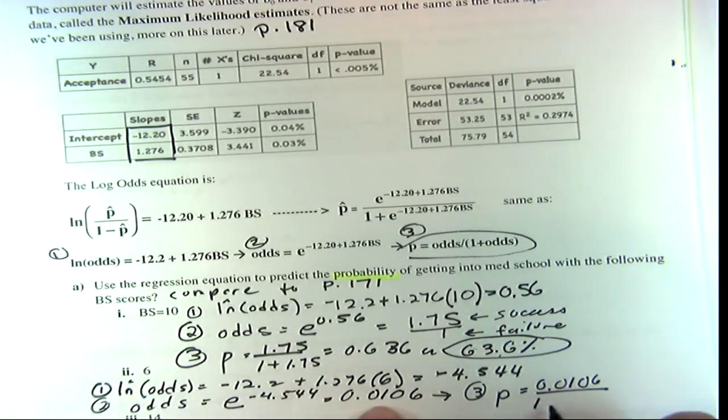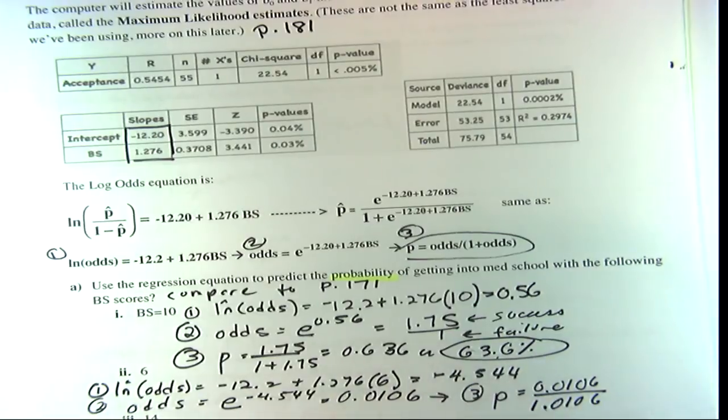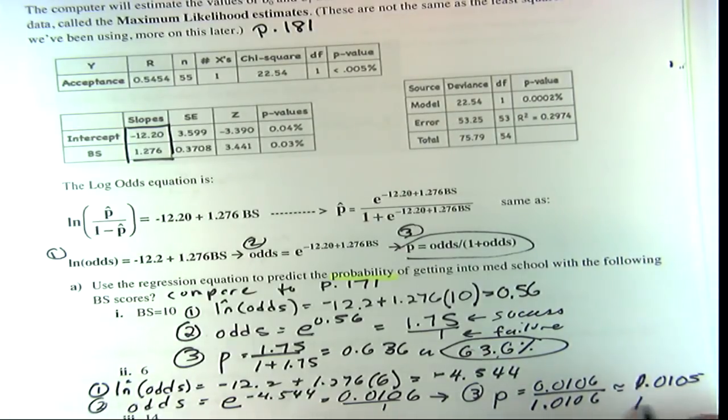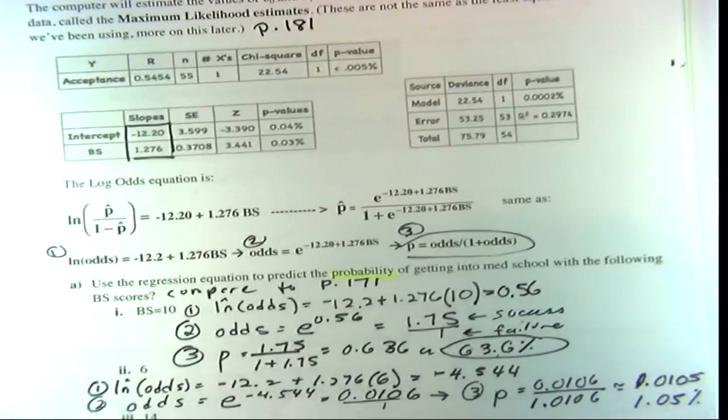Just add a 1 here, 1.0106, right? Which is approximately, what did I get? 0.0105 or 1.05%. Not a negative percent.